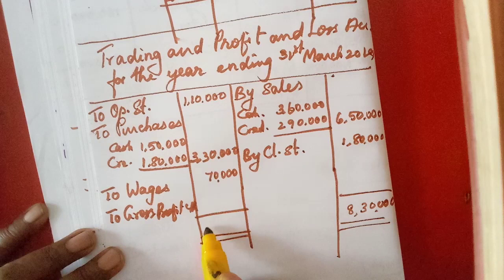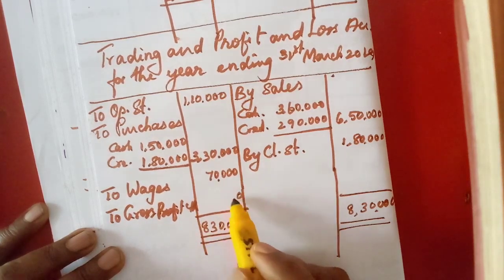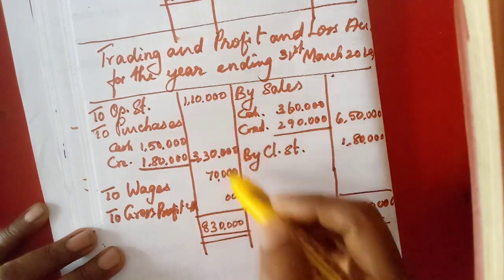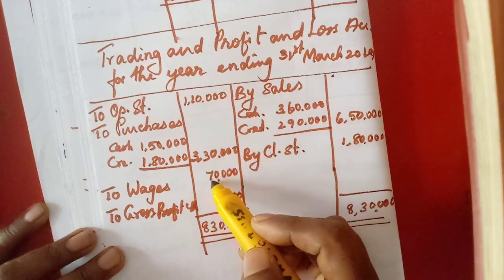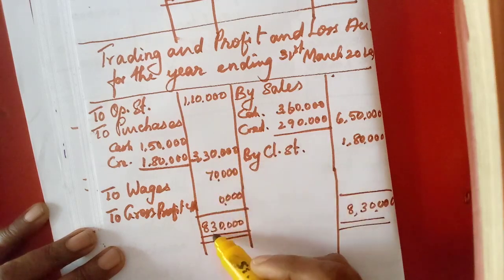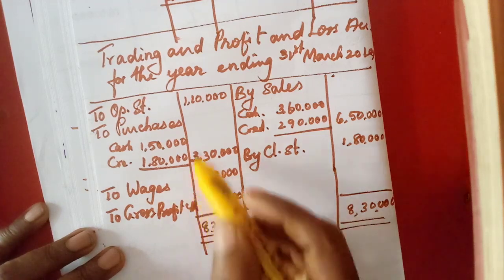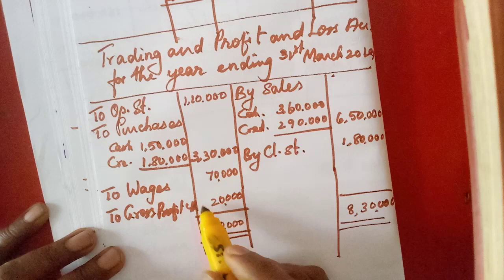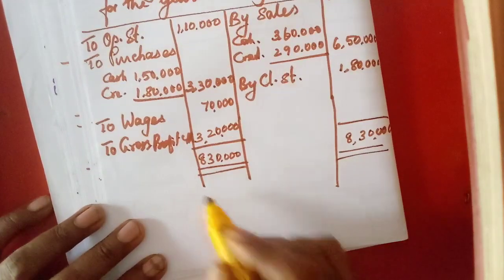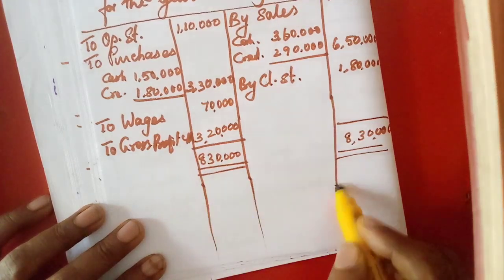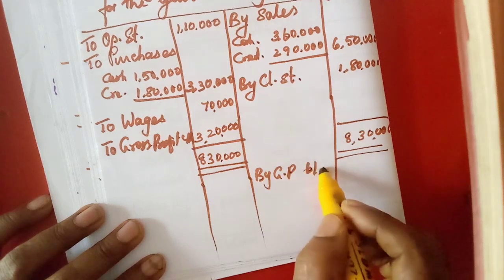So 8,30,000. Now find out the difference. 3,20,000. Now we should write this here on this side, by gross profit brought down.